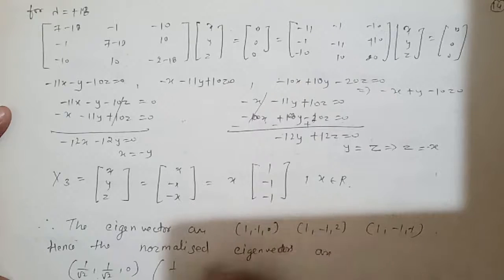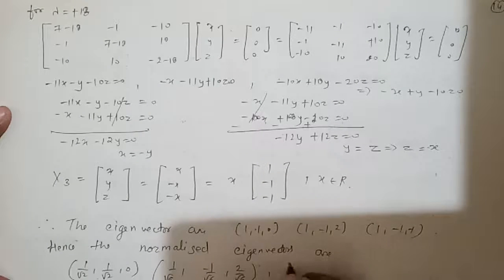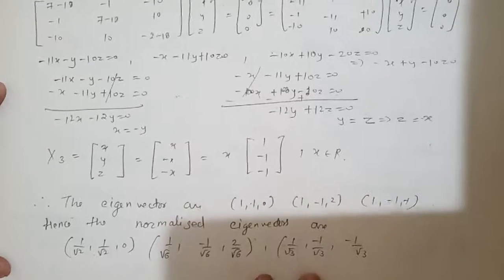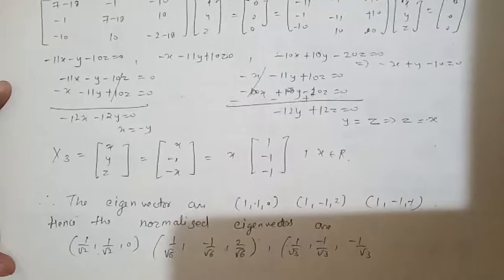For the second, 1 plus 1 plus 4 is 6, so 1 by root 6, minus 1 by root 6, 2 by root 6. And the third is 1 by root 3, minus 1 by root 3, and minus 1 upon root 3. So these are the normalized eigenvectors.